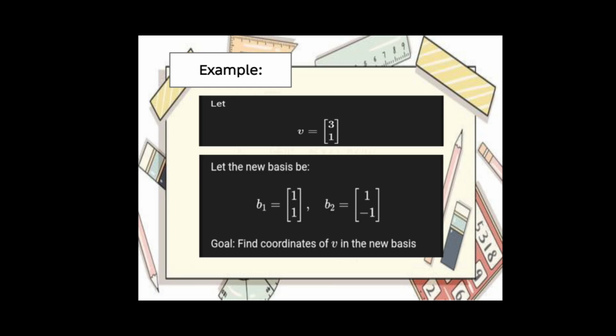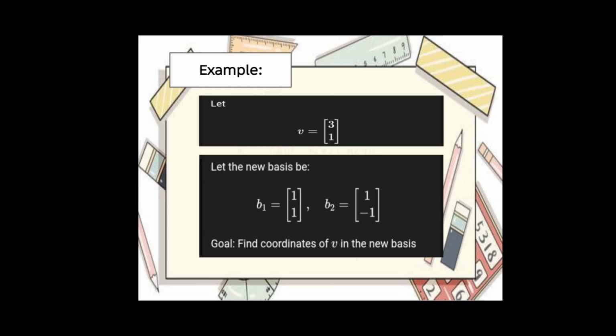Example, let vector V be (3, 1), then let the new basis be basis 1 equal to (1, 1) and basis 2 equal to (1, -1). The goal is to find the coordinates of V in the new basis.